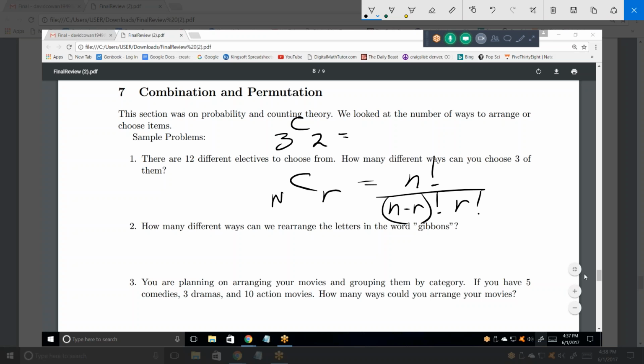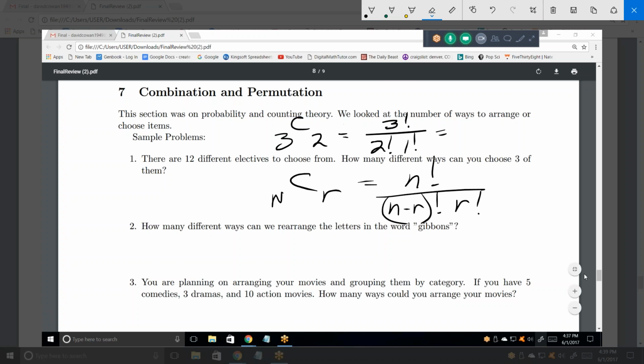So 3 choose 2 would be 3 factorial divided by 2 factorial times 1 factorial. With me? What's the answer to 3 factorial divided by 2 factorial times 1 factorial?